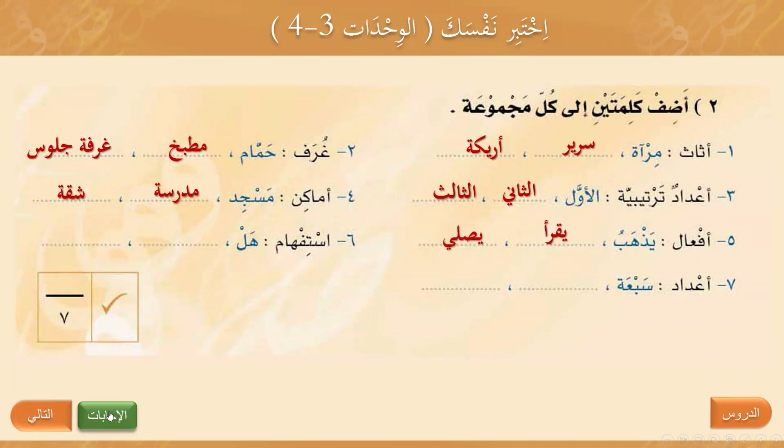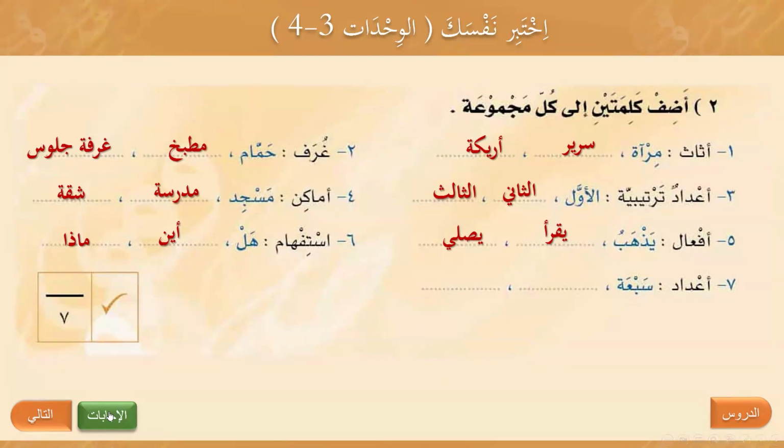Istifham, these are basically the words that we use to ask questions. So we have hal, and then we have learned about aina, mada, mata, and kaifa, and there are so many of them. Aina is used for the place, and mada is used to ask a question, especially with the verb.